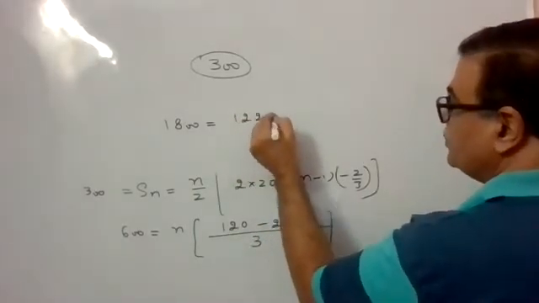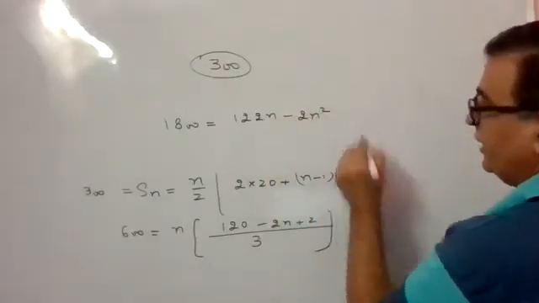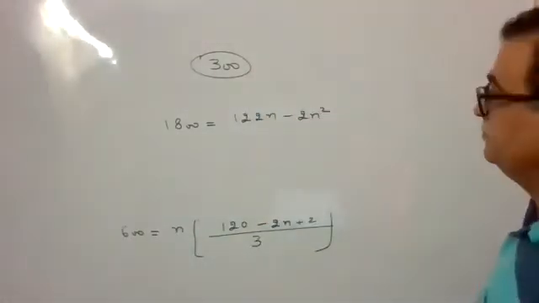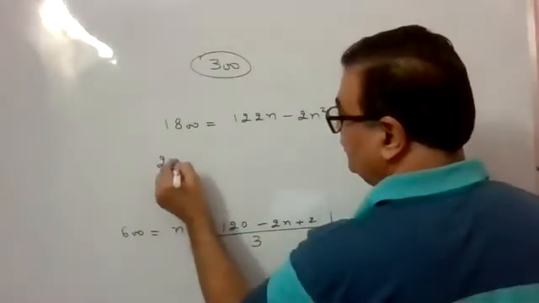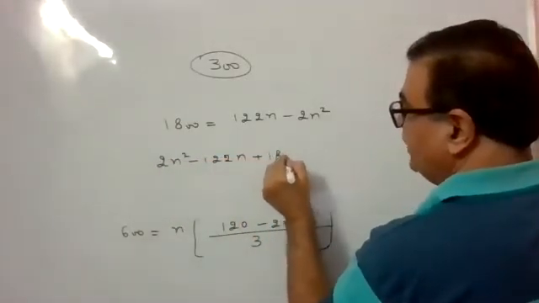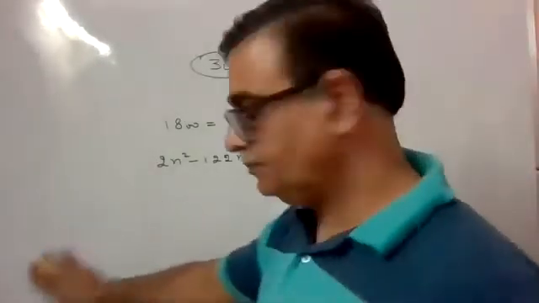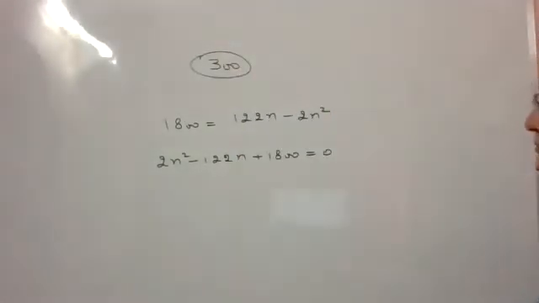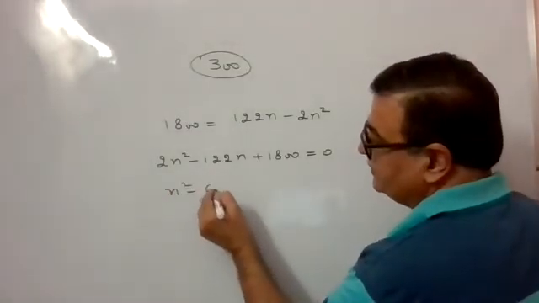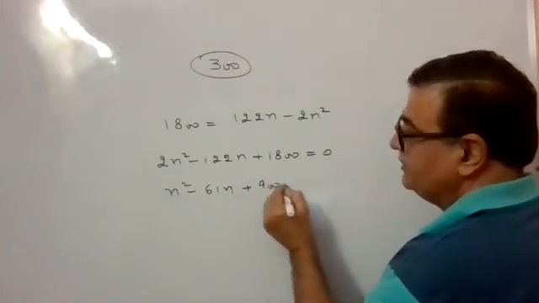So 122n minus of 2n square. Now we solve it. 2n square minus 122n plus of 1800 coming 0. 2 we can take common, so left is n square minus 61n plus 900 is coming 0.